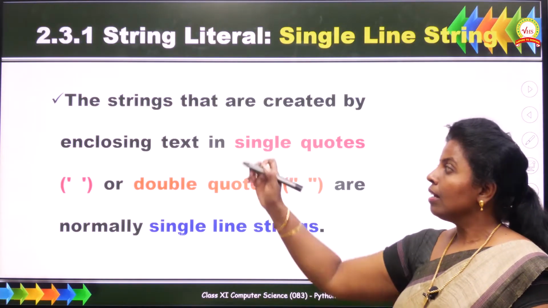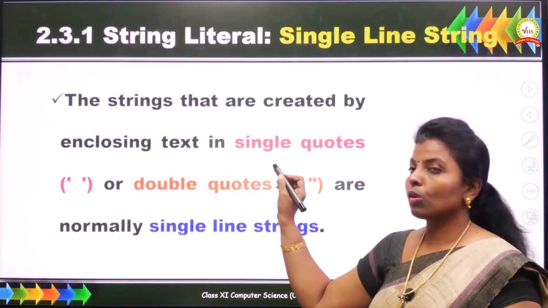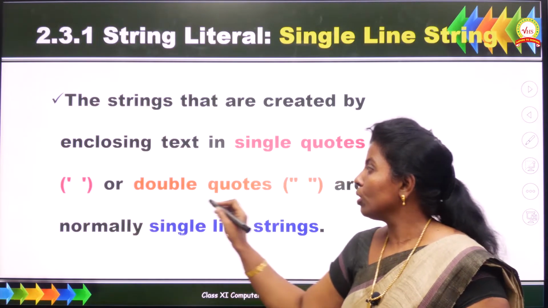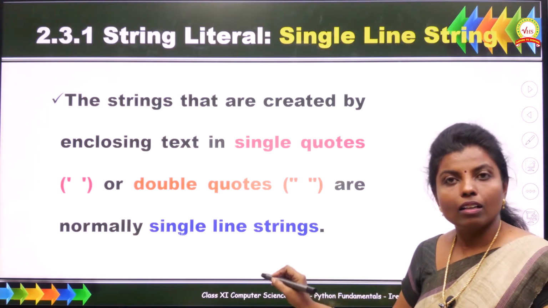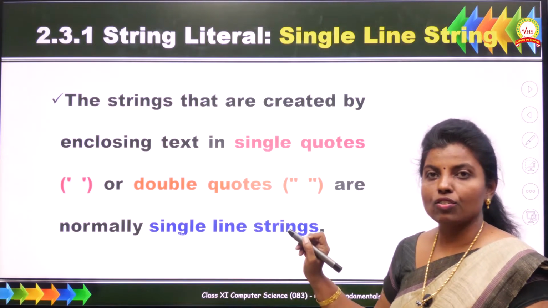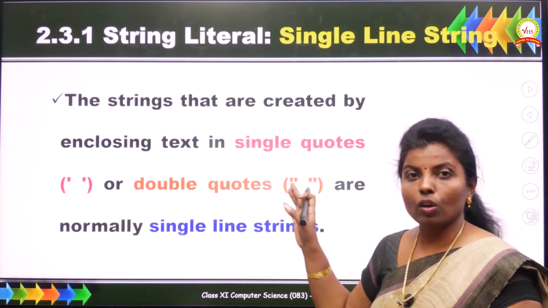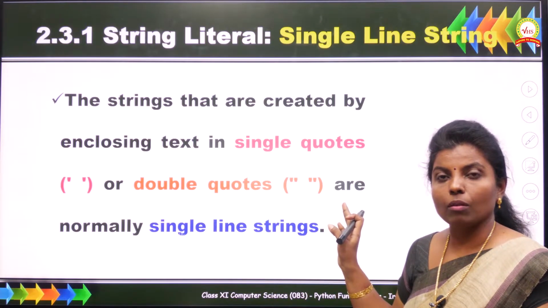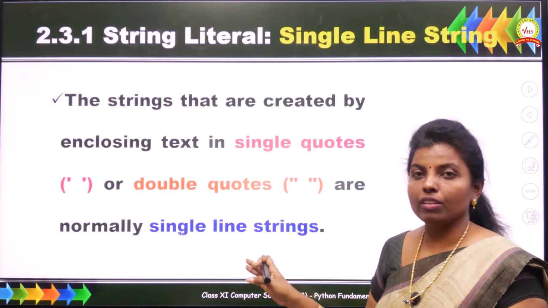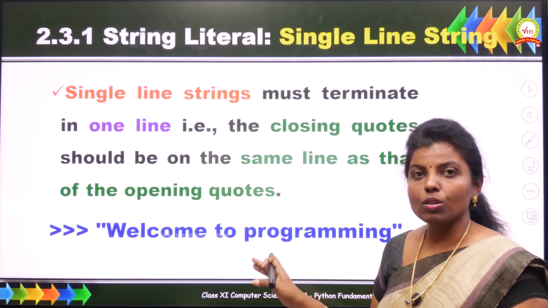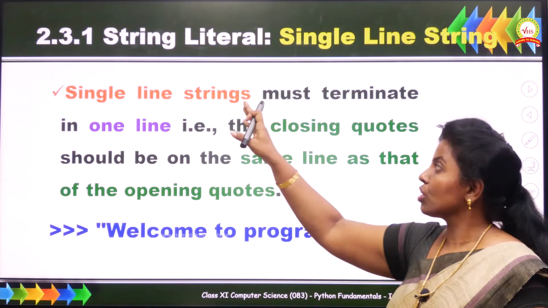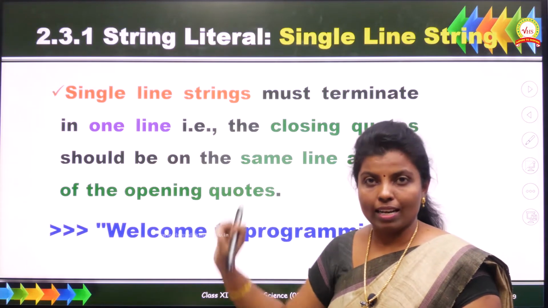The strings that are created by enclosing text in a single quote or double quote are called single-line strings. So if we start with a single quote and end with a single quote, or start with a double quote and end with a double quote, they are normally referred to as single-line strings. Also, a single-line string must terminate in one line itself.